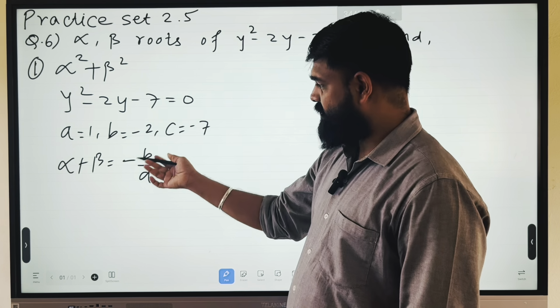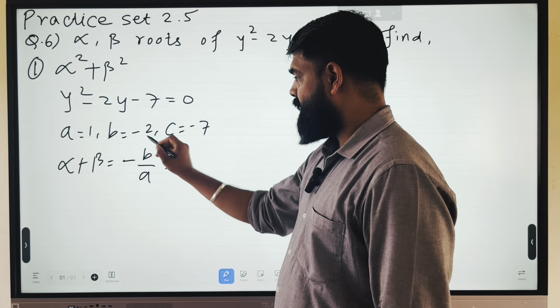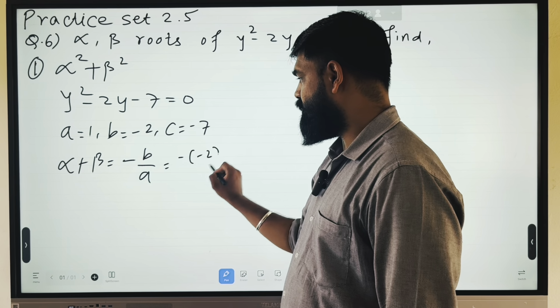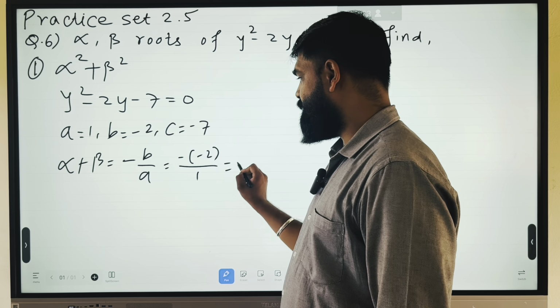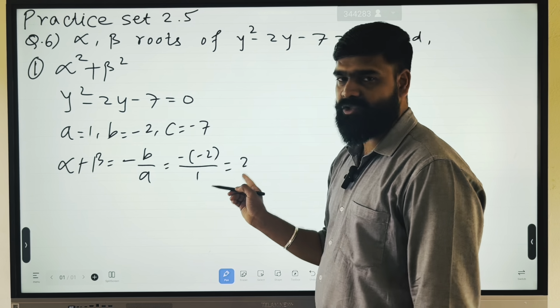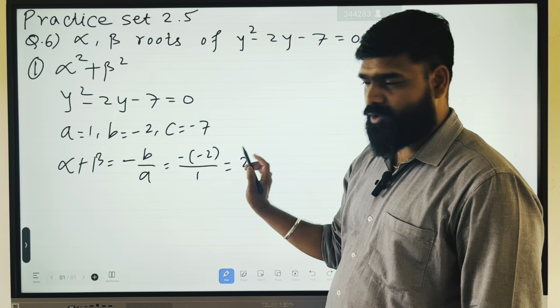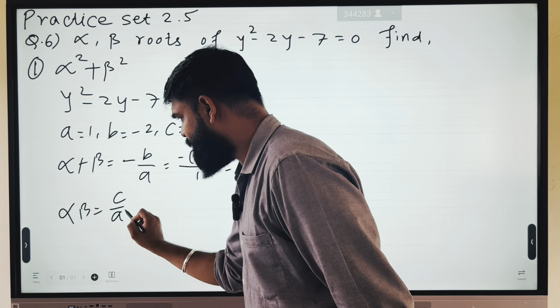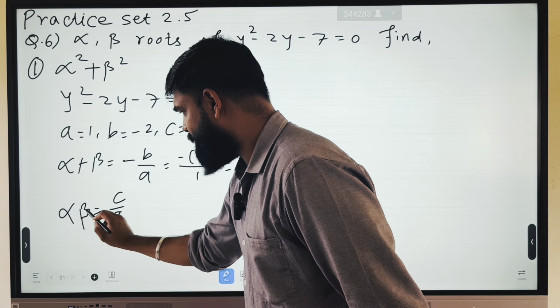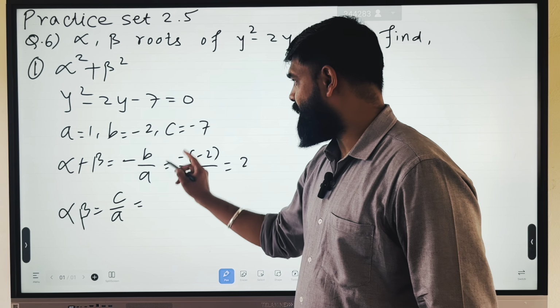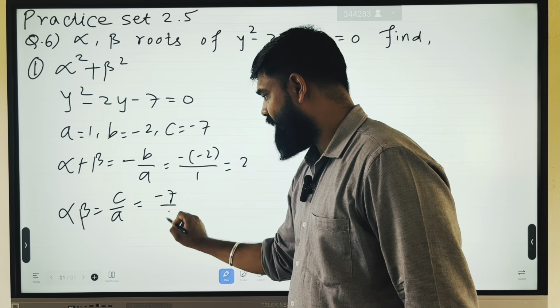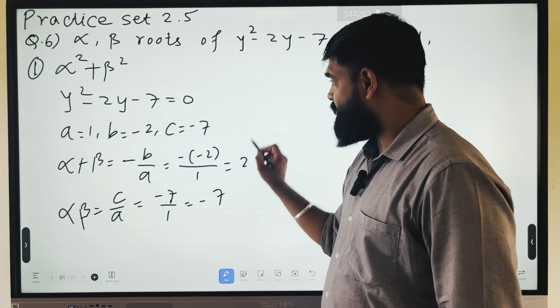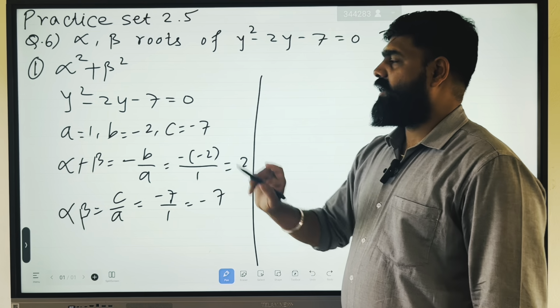The value of b is minus 2, so minus of minus 2 by 1 means the final value is 2. Alpha plus beta is equal to 2, and alpha into beta, the formula is c by a. c is minus 7 here, so minus 7 by 1. So minus 7 is the value.